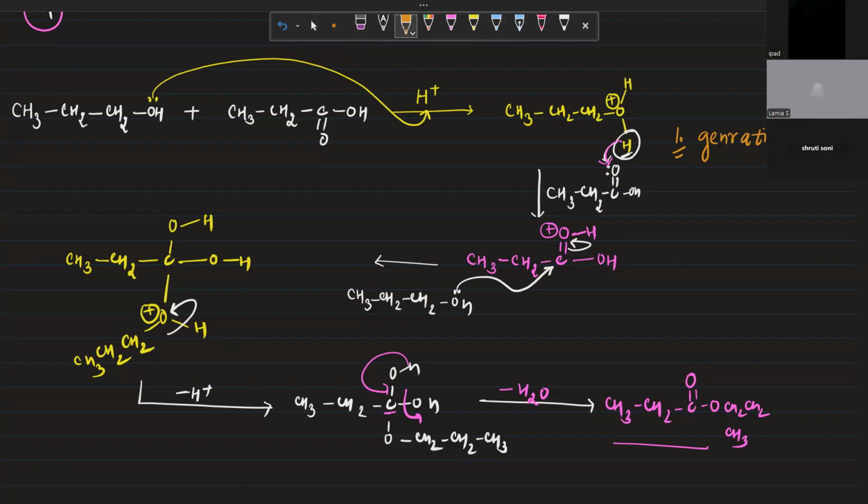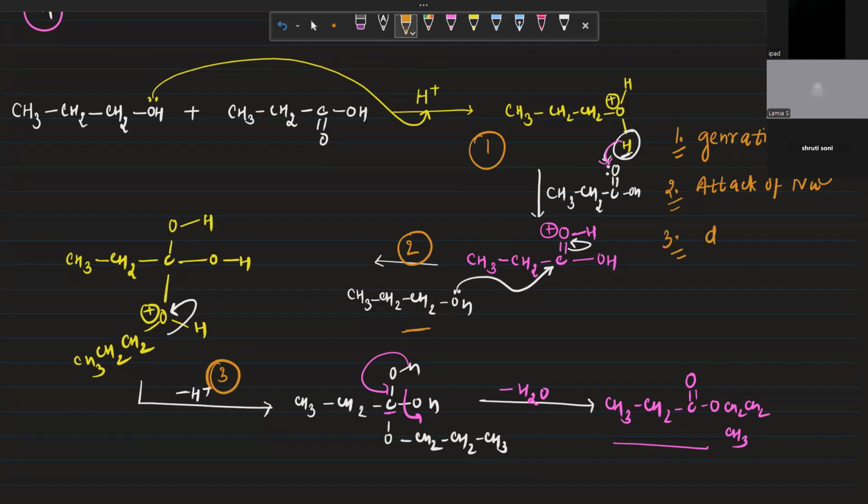Generation of electrophile. I think so. Then the next step is attack of nucleophile. Yeah, this whole part is the first step over here. Then this is the second step, and after this is the third step. What is the third step?